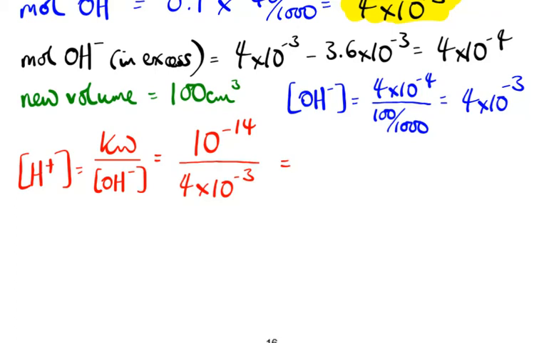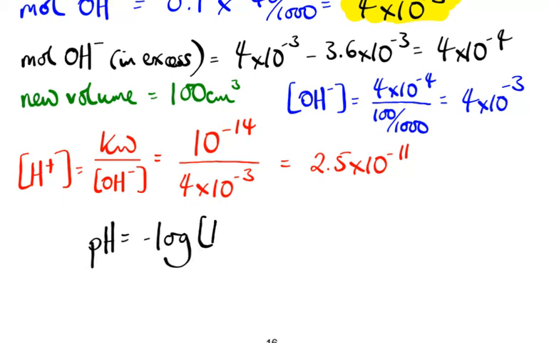And hopefully we're getting 2.5 times 10 to the minus 11, so nearly there. pH is minus log of the hydrogen ion concentration, which of course is very small, and we should be getting 10.60.